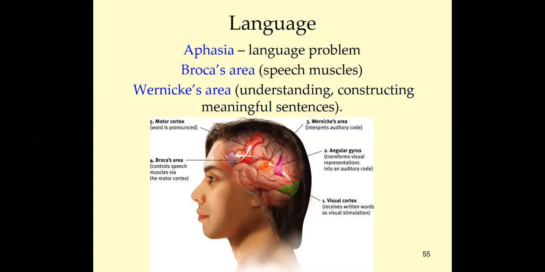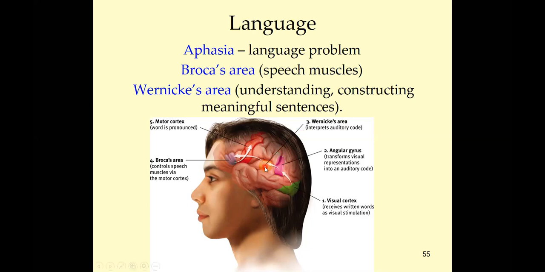Wernicke's area is back here in the temporal lobe. Sorry, I'm just checking my watch here. Okay, and Wernicke's area, it says interprets auditory code. Let's interpret that. So what that means is it takes the sounds of language and extracts the meaning from those sounds.